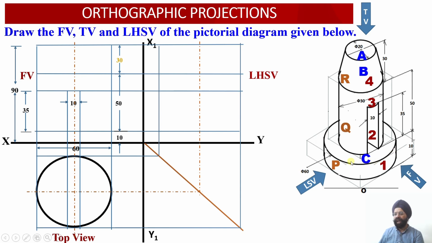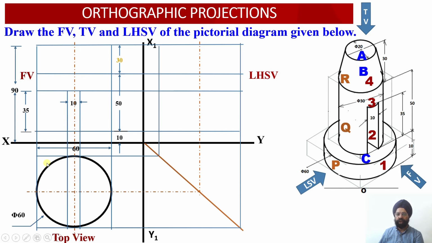So the outer diameter of this bottom block is equal to 60 millimeter. I have already obtained the center along this width side as well as along this depth side. So this is my depth side, this is my width side. Once I obtain the center point, from the center I'll take the radius equal to 30 millimeter, or diameter equal to 60 millimeter.